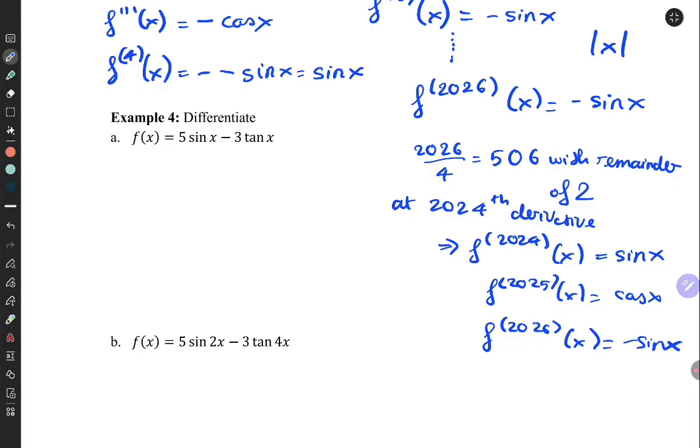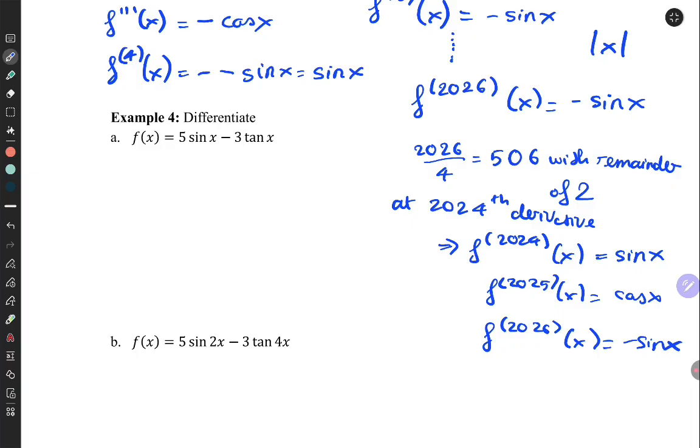Derivative of x cubed minus 1 is 3x squared. Then 6x. Finally 6, then 0. Limited. You stop there. You cannot go further, right?